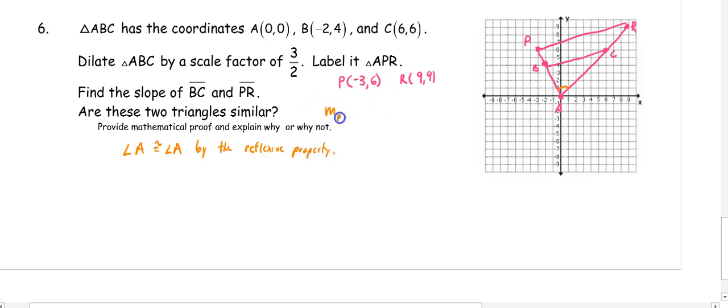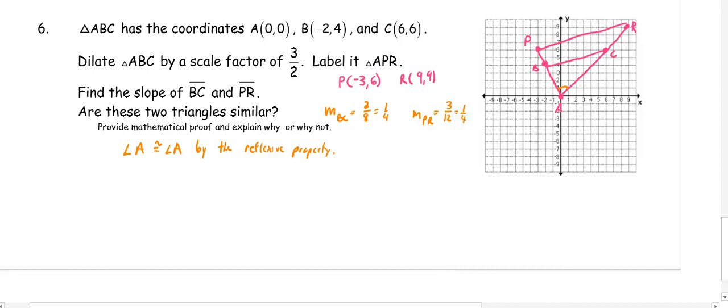So I'm going to find the slope of BC. So BC, we went up 2 and over 8. So that slope would be 1/4. PR, we went up 3 and over 12. So that's also 1/4.